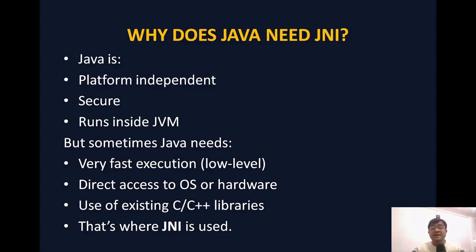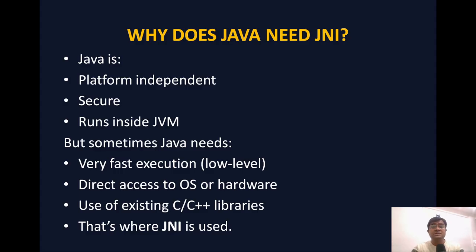So why does Java need JNI? Basically Java is platform independent, as I've already told you. It's a secure and robust programming language that runs inside the JVM. But sometimes Java needs very fast, low-level execution.